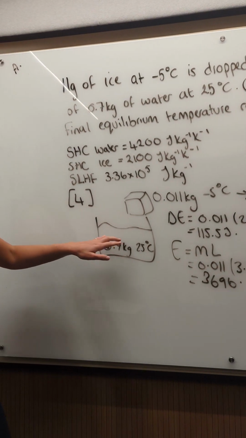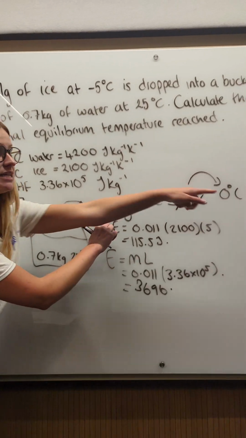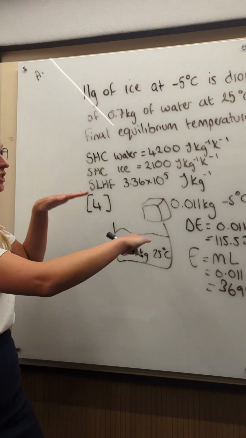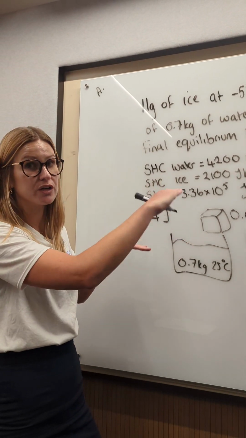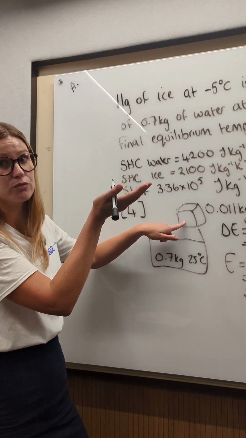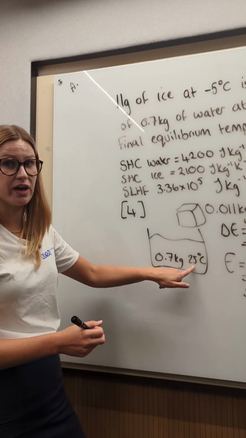Okay, so now we have this mass of water at 0 degrees Celsius, and this mass of water at 25 degrees Celsius. Both of those liquids are going to come into thermal equilibrium with each other. My ice that's now liquid water is going to increase in temperature from 0 degrees Celsius, and my bucket of water is going to decrease in temperature from 25.